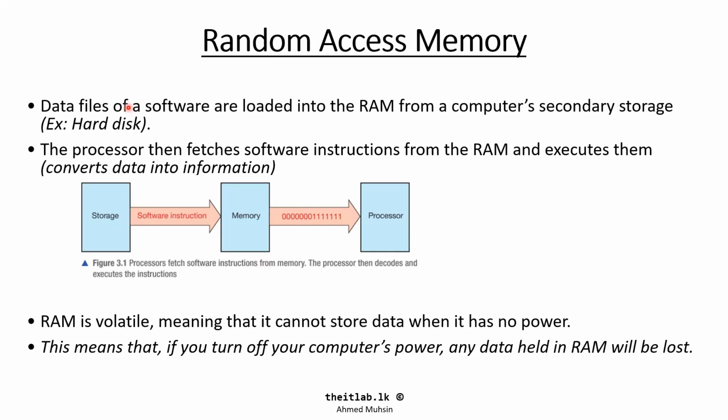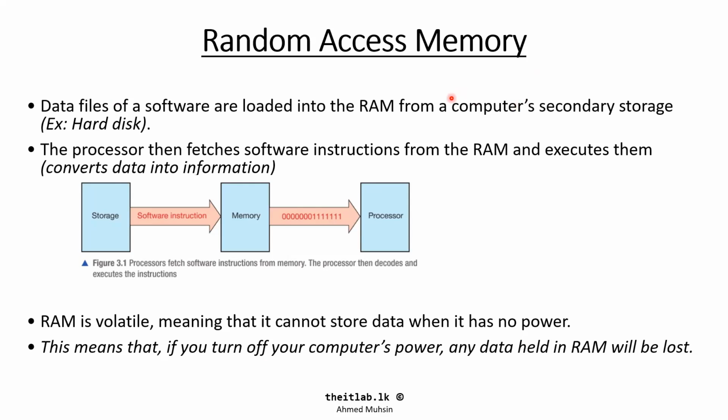Program files of a software are loaded into the RAM from a computer's secondary storage, for example, the hard disk. Let me put it to you this way. Say you open Adobe Photoshop. The data files that are required to open Photoshop are taken from your computer's secondary storage.